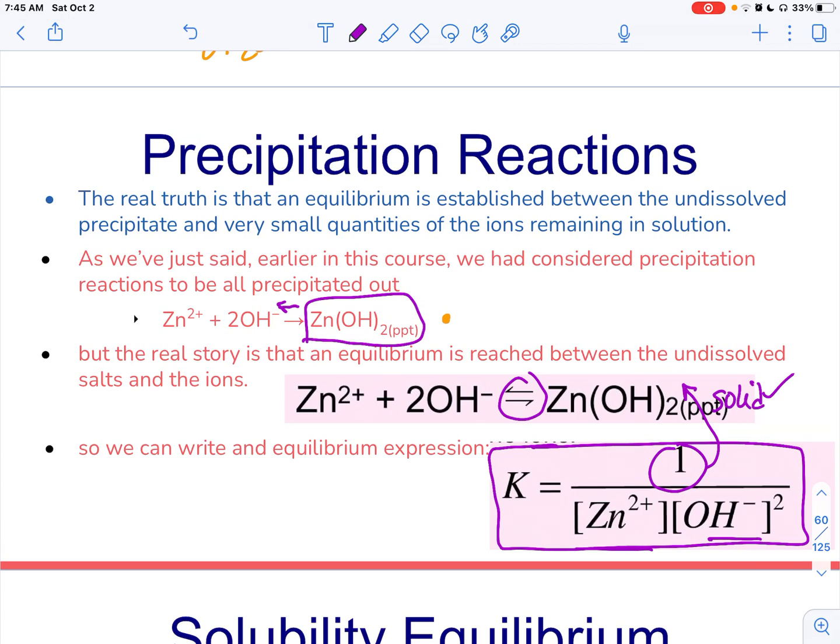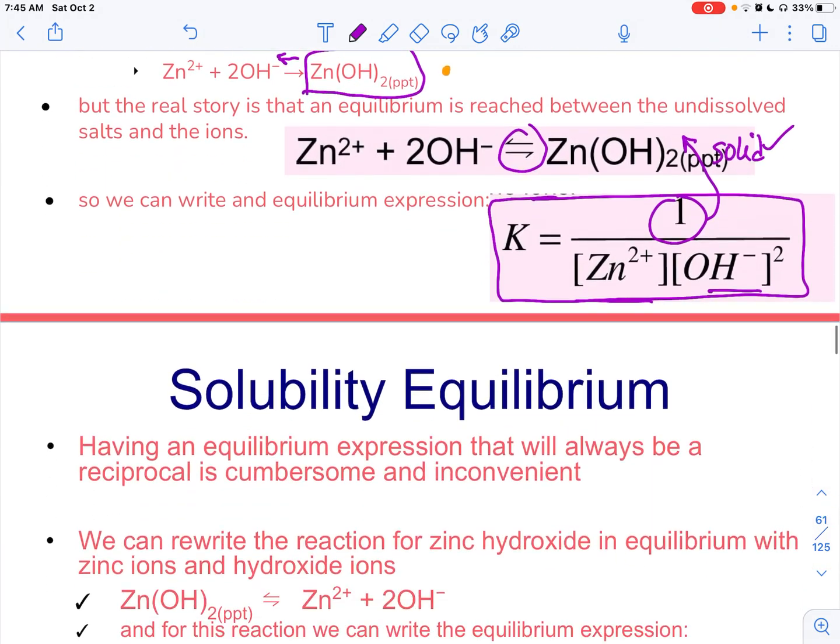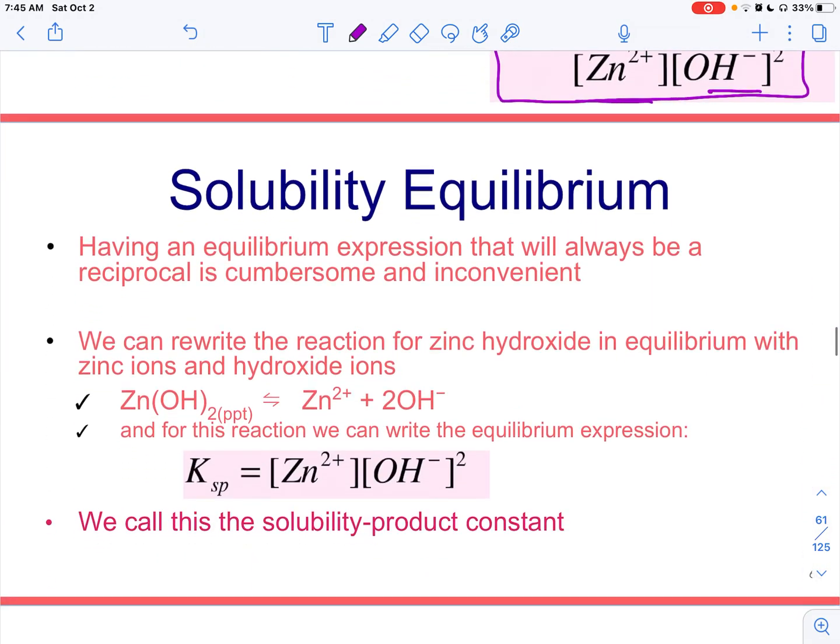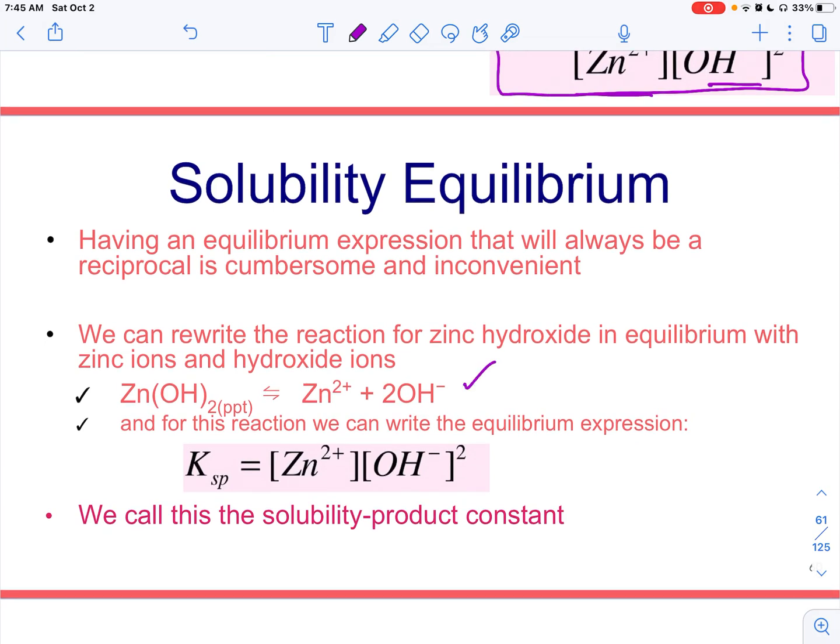However, that is very kind of super annoying because it's always 1 over something. So instead, we decided that we were going to flip the reaction. Okay, because if we flip the reaction, we take the reciprocal of K. Remember that from a couple videos ago. So if we flip the reaction, we take the reciprocal of K. We call that Ksp.